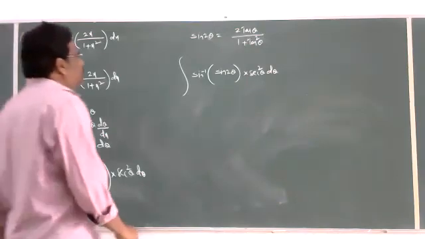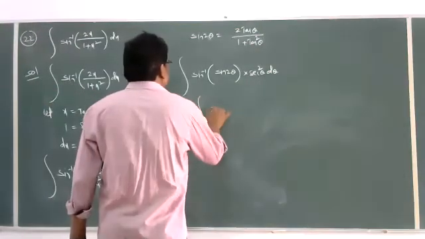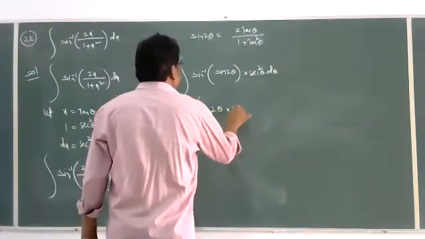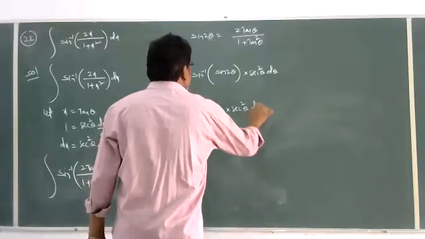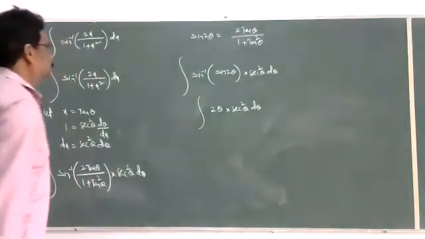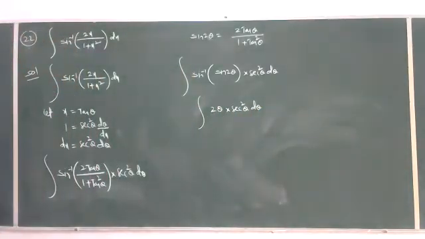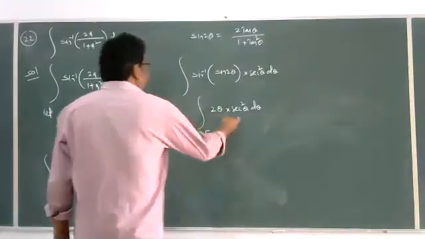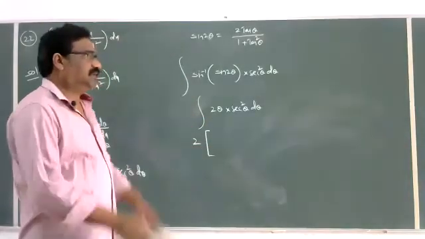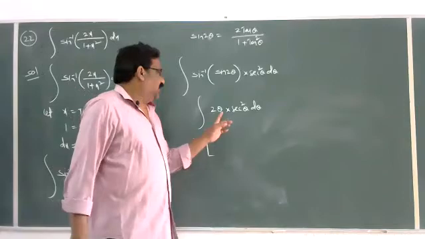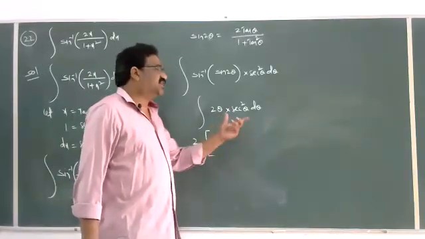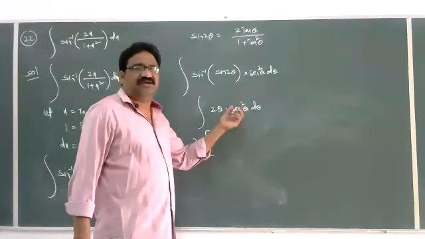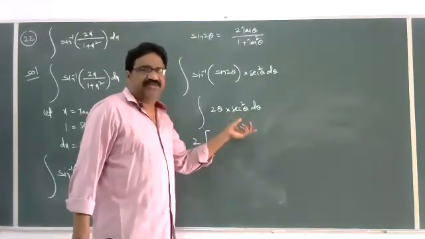Sin inverse of sin 2 theta is 2 theta. Integral 2 theta into secant square theta d theta. That is 2 into, here theta is the algebraic function. Here integration depends on theta with respect to theta.